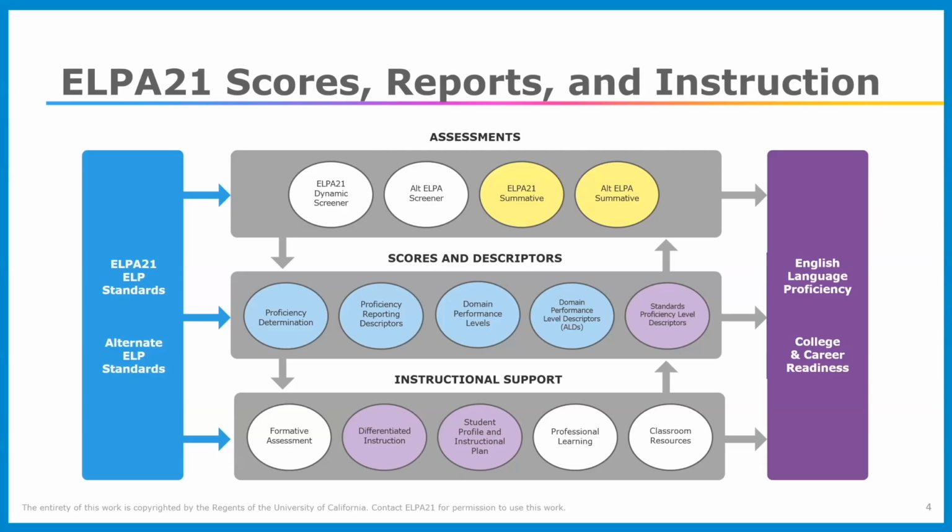We're going to do a deep dive into the key scores from the summative assessments that show where the English learners you work with have grown and where they need support. Those scores are in the blue ovals. And then we'll connect the dots, tying summative assessment scores to program evaluation and instructional planning, using the descriptors and instructional supports in purple. Now that you see how it all fits together, let's get into the details.